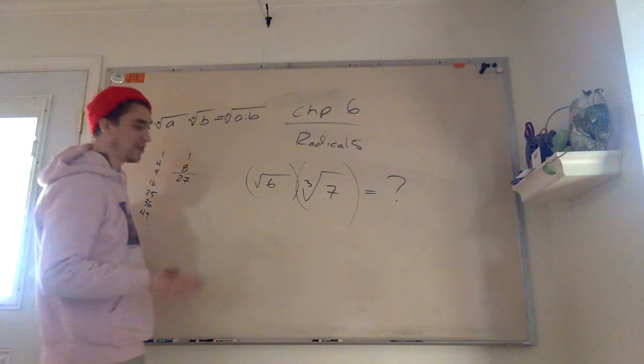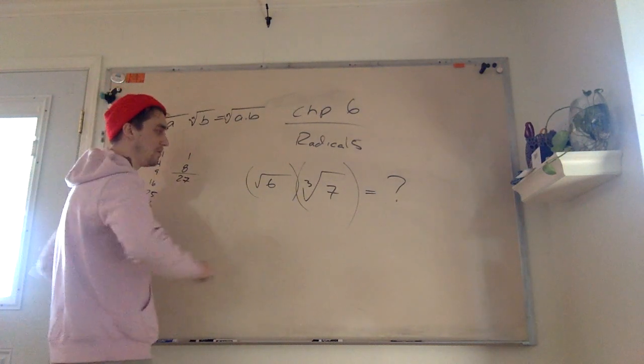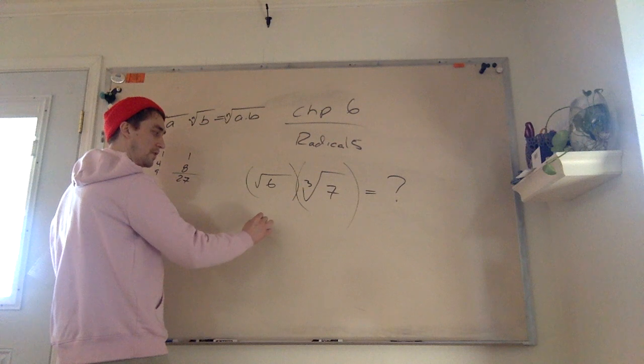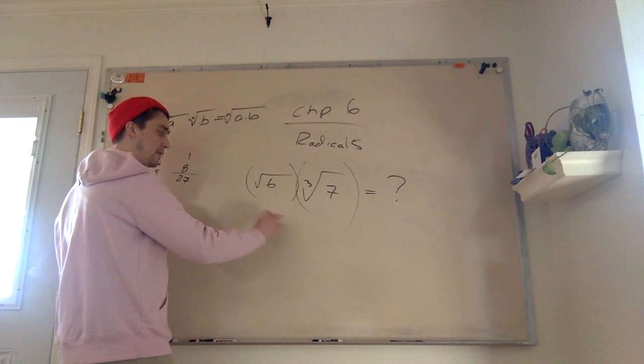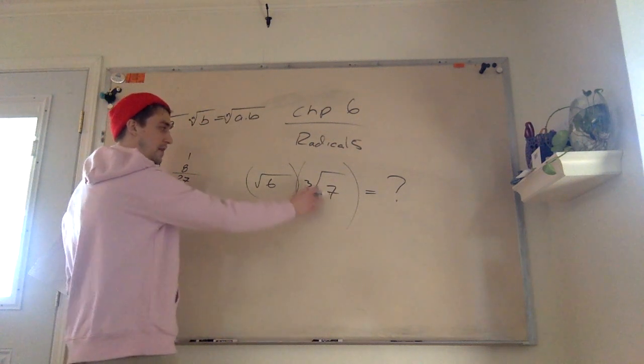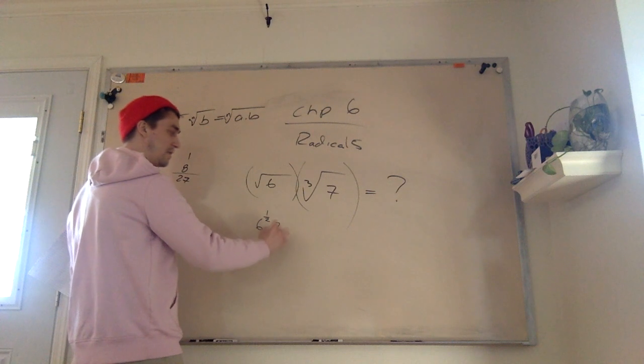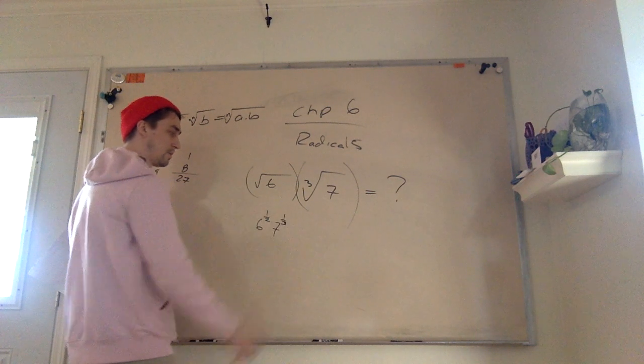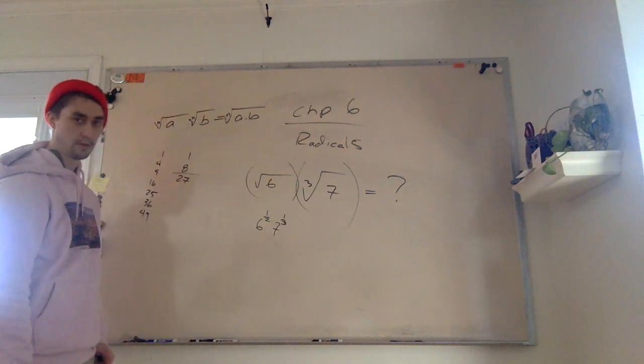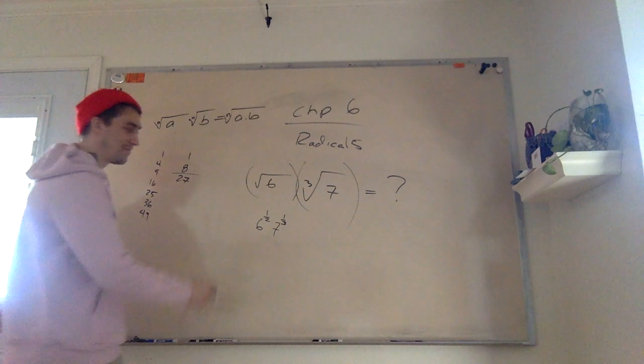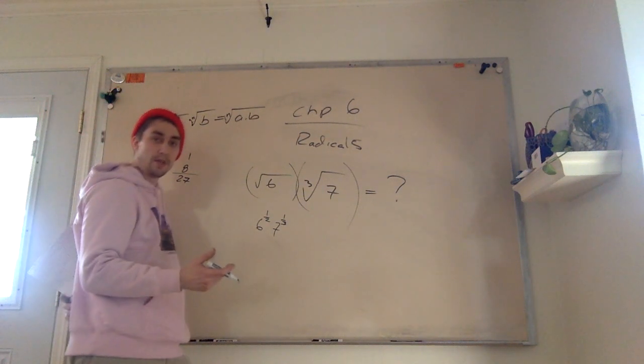And just out of interest, if you wanted to, you could rewrite the square root of 6 as 6 to the 1/2 power, and you could rewrite the cube root of 7 as 7 to the 1/3 power. And now there's some algebraic trickery you can do.